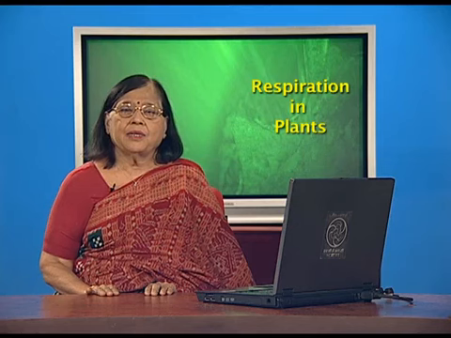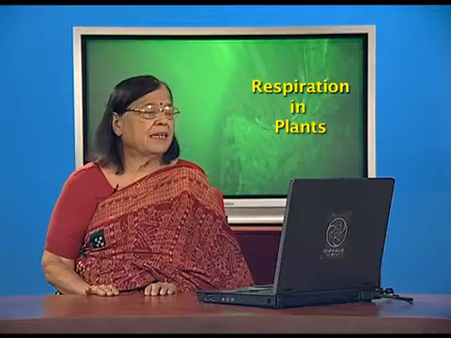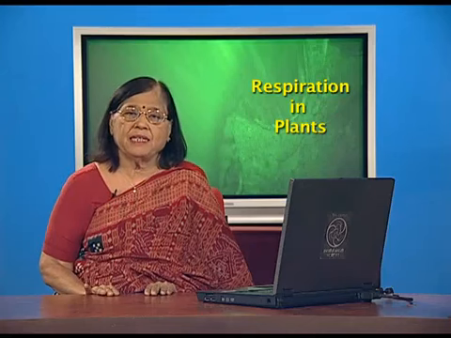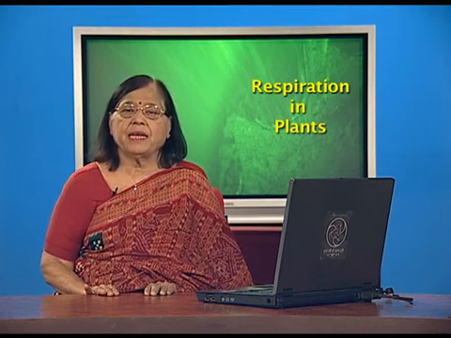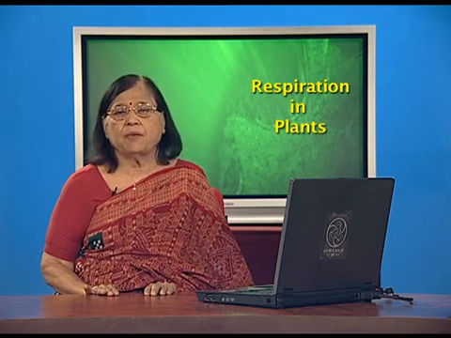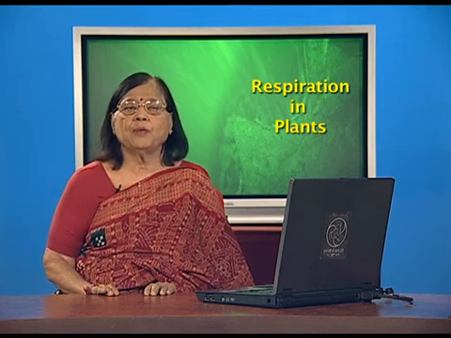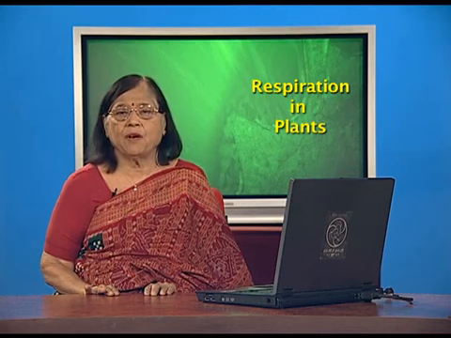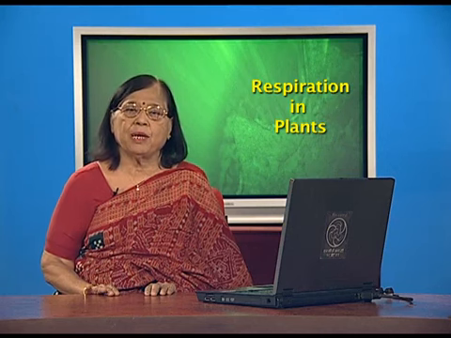So, children, now we shall understand a few more things in respiration, like respiratory balance sheet, respiratory quotient, and a few more steps. Now, respiratory balance sheet will be a chart which will explain how many oxygen, how many carbon dioxide, how many glucose molecules, and how many ATPs, and this will be explained by the processes which you have already studied, the glycolytic process, the Krebs cycle, the amphibolic pathway.